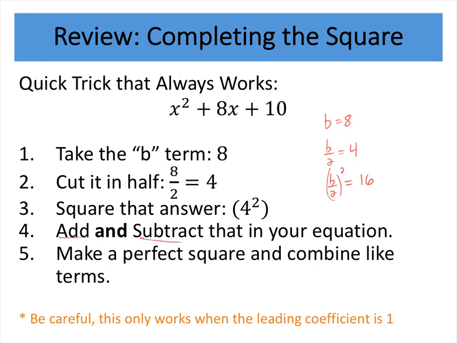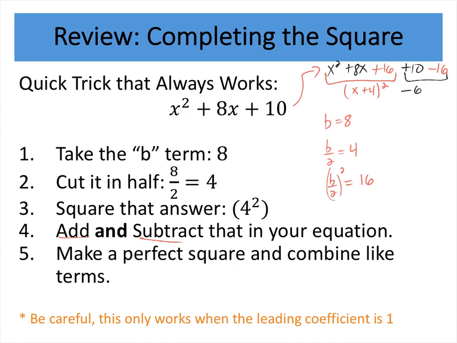So instead of x squared plus 8x plus 10, it's x squared plus 8x, leave some space, plus 10, and then we add in 16 and take away 16, because this part is the perfect square part, the x plus 4 squared, and this other stuff is the leftovers, minus 6.